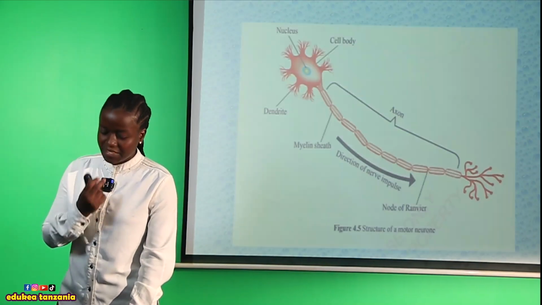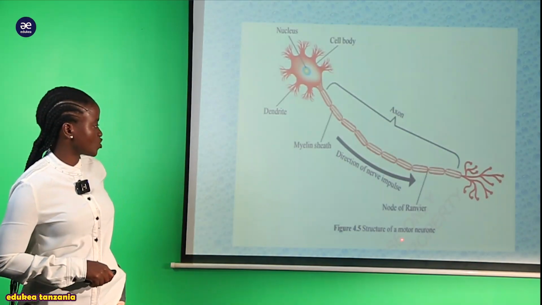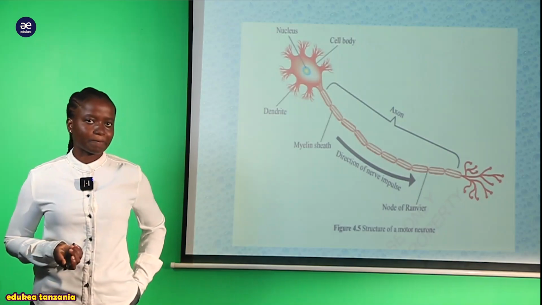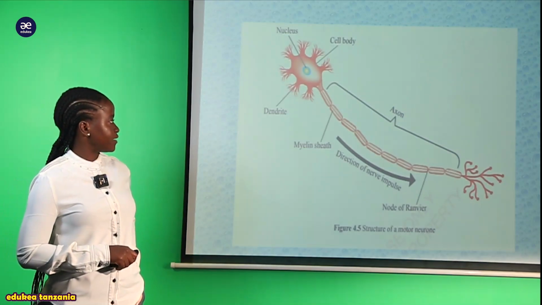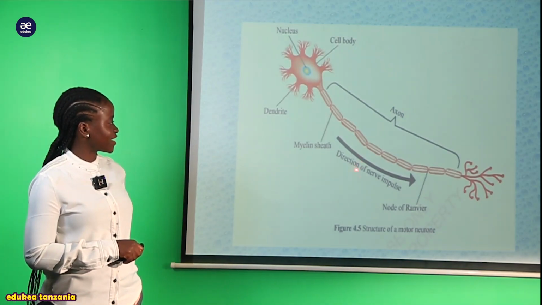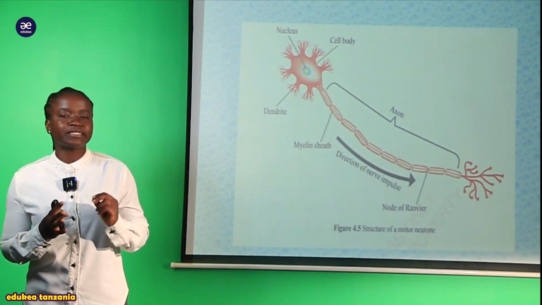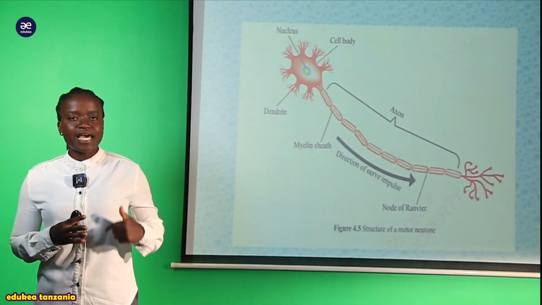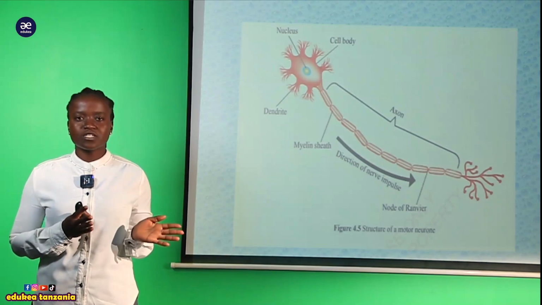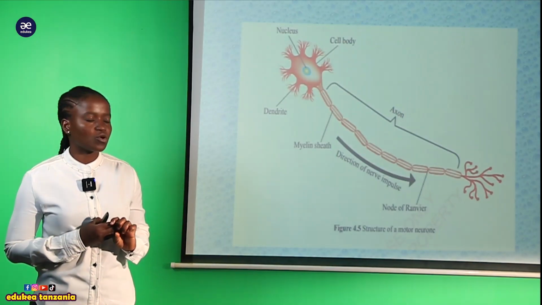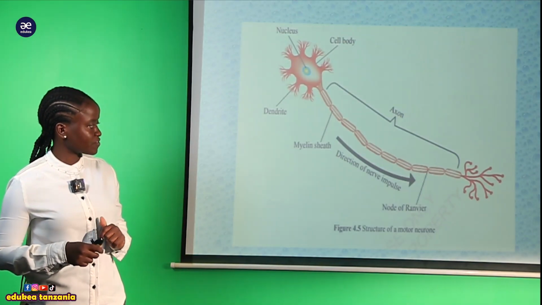So now let's see this figure which shows the structure of the motor neuron. Now you can see this one is the direction of the nerve impulse. So when you are taught to draw the diagram of these motor neurons, don't forget to indicate the direction of the nerve impulse.